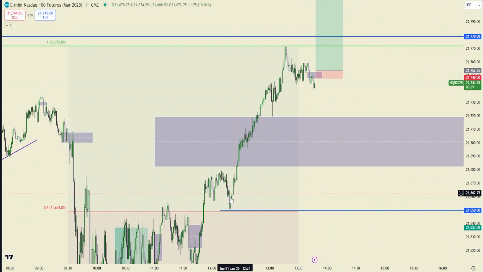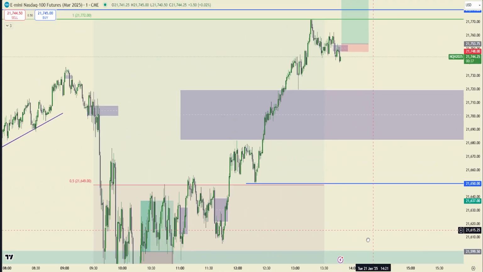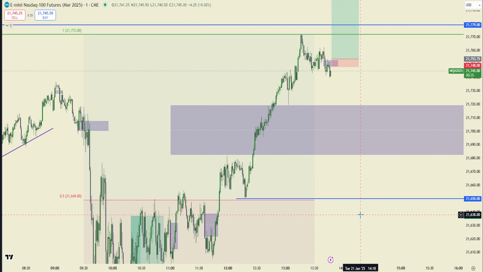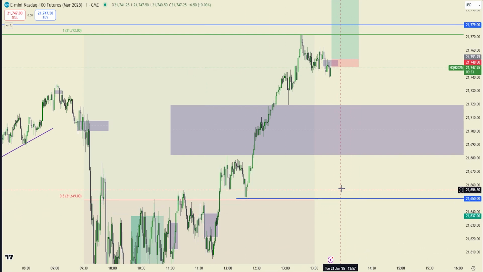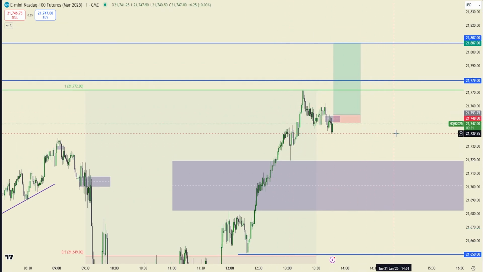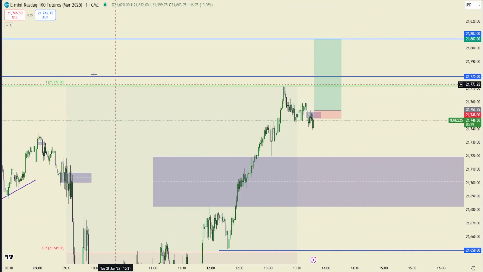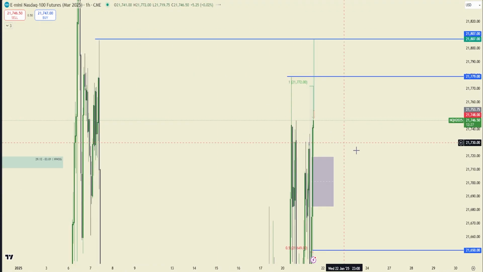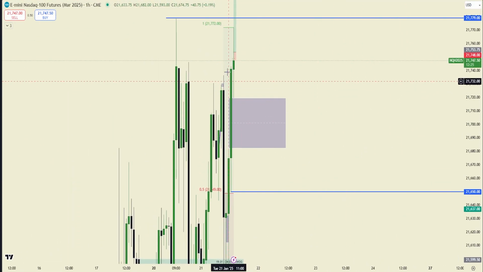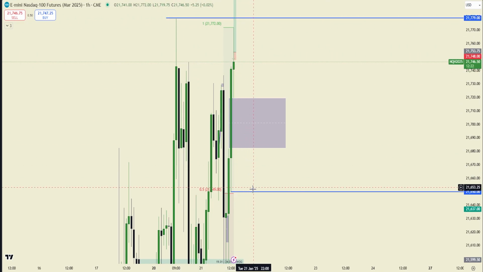But based on how bullish we've been since the morning Judas swing, I don't know if it's realistic for us to come back 150 points after hitting buy side to target this low as a retrace, right?